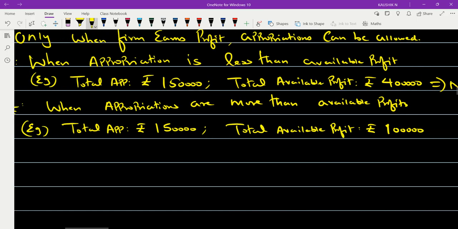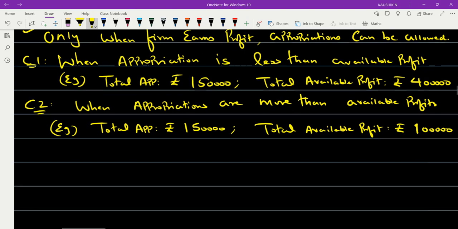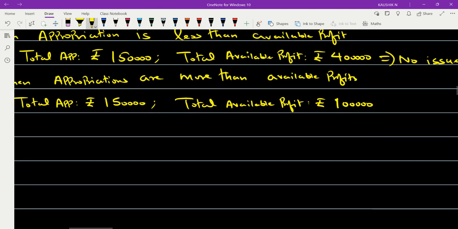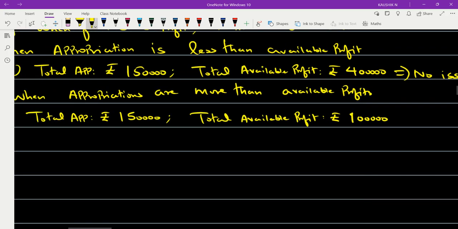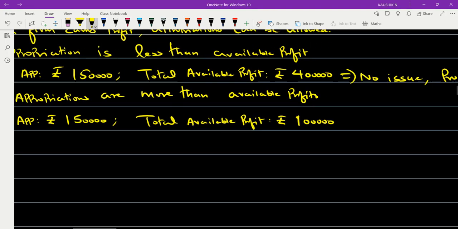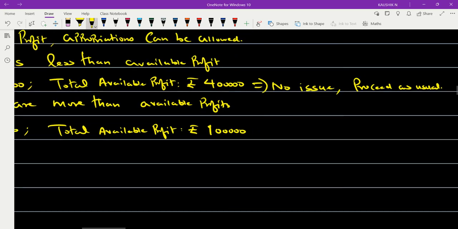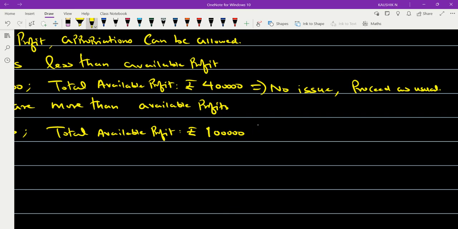But if your problem is coming in this category, appropriations are more but profits are less, that's the concept. When your appropriations are more than available profit, that means profit is less whereas appropriations are more.